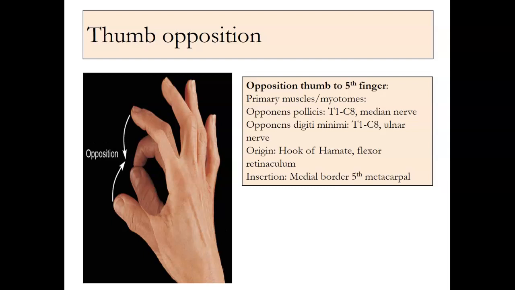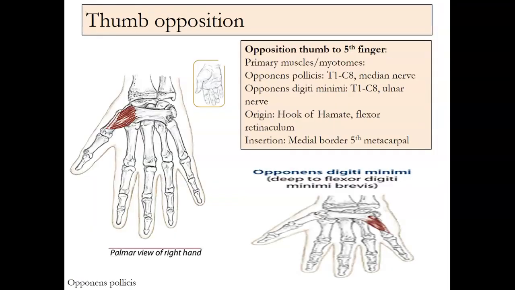They're not that big actually. The opponens pollicis and the opponens digiti minimi, which is one of my favorite names for the pinky. Digiti minimi does the opposition from the pinky tip to the thumb tip, and then the opponens pollicis does the other three, getting to that thumb tip.